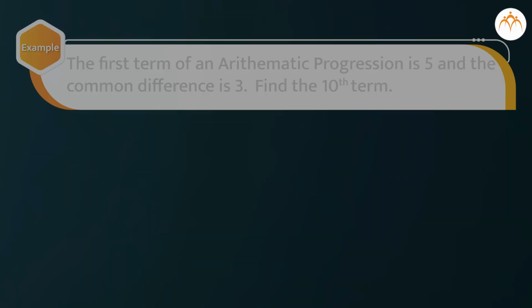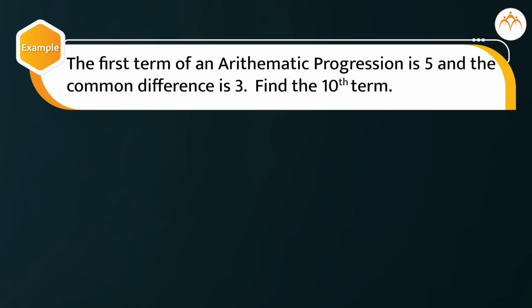Now let's solve some examples using this formula. The first term of an arithmetic progression is 5 and the common difference is 3. Find the 10th term. Solution. A is equal to 5, D is equal to 3 and n is equal to 10.